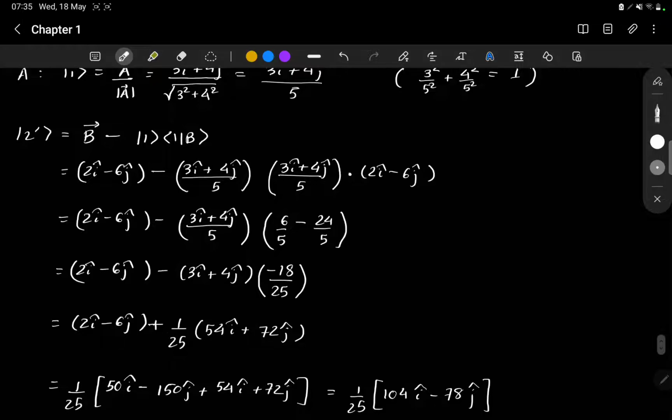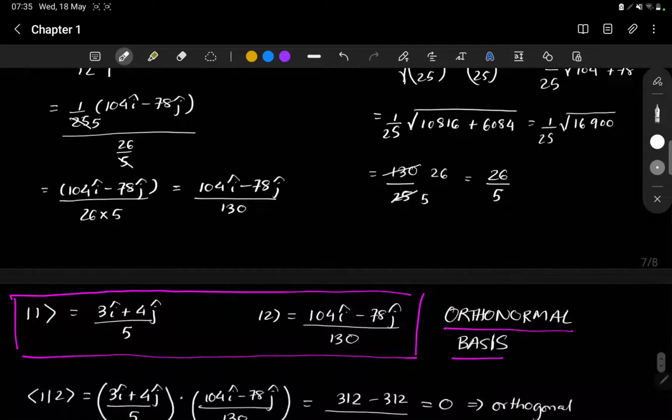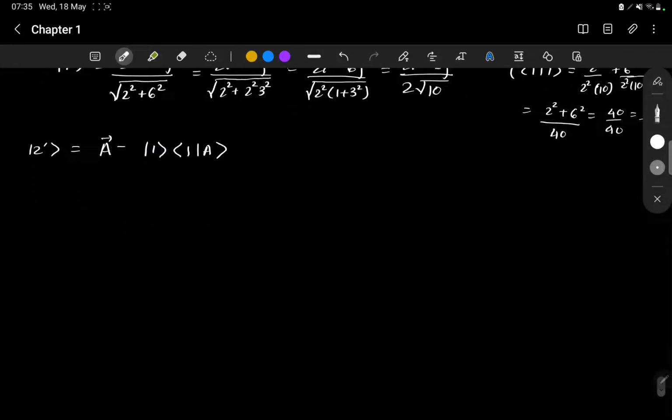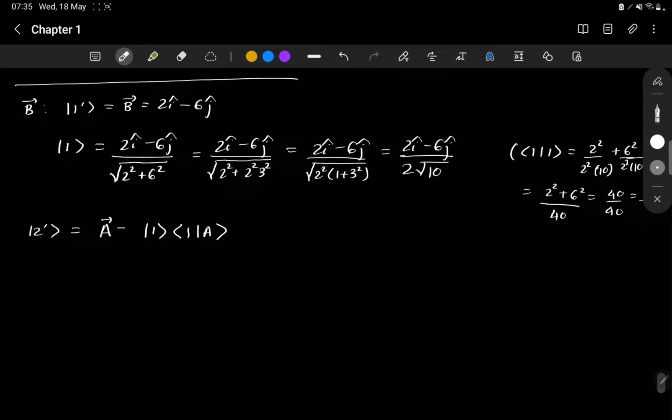So now we need to replace this B by A. So this is what we have, taking the second vector and subtracting its projection along the first vector. So let us see what this is.